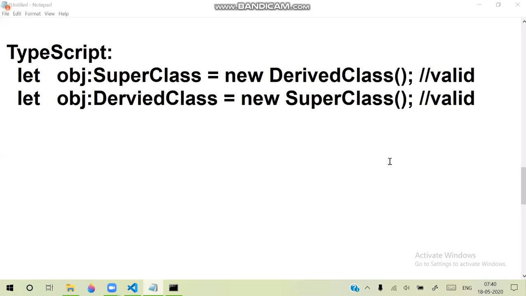And important is, first it tries to allocate derived class memory, then followed by base class memory, in other programming languages.